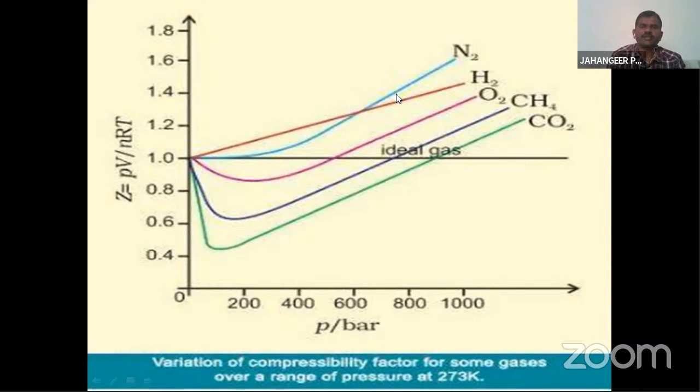So some gases show positive deviation, meaning above the ideal gas line, and some show negative deviation, meaning below the ideal gas line. This can be represented graphically with the help of the compressibility factor.